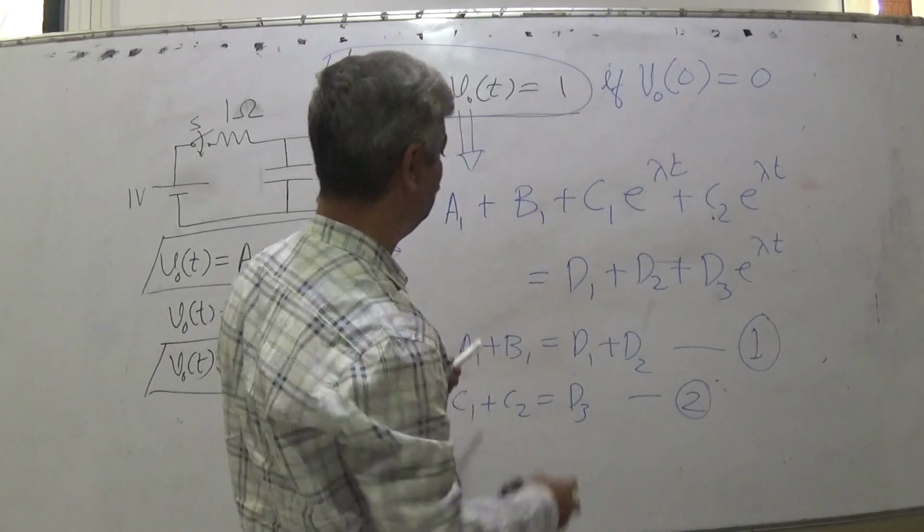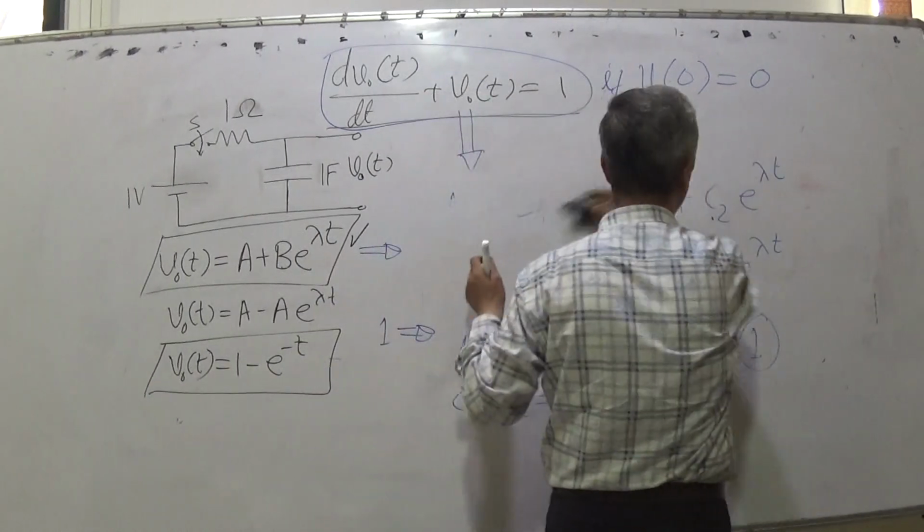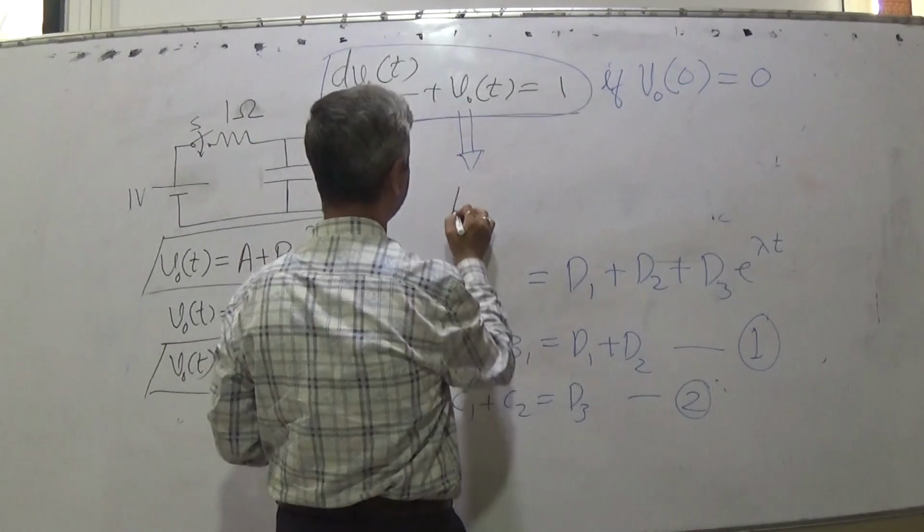There are two equations, two unknowns, and you get the answer. This is a very simple thumb rule without going into much detail.